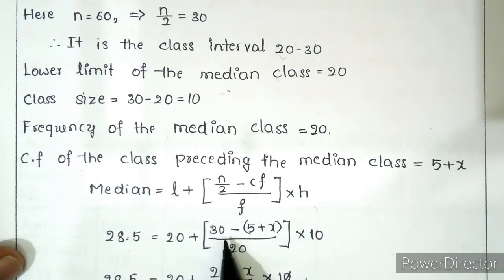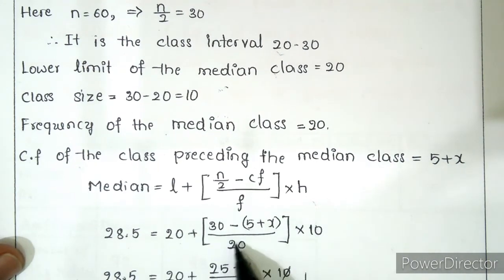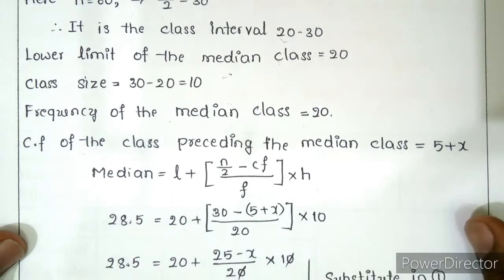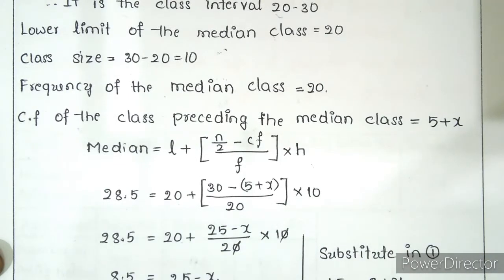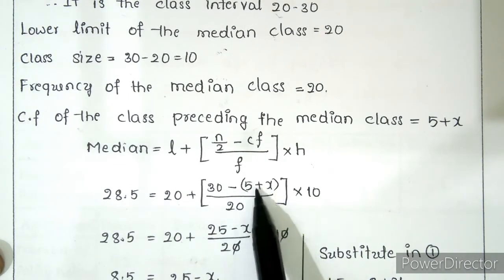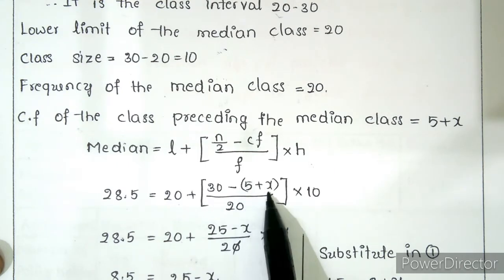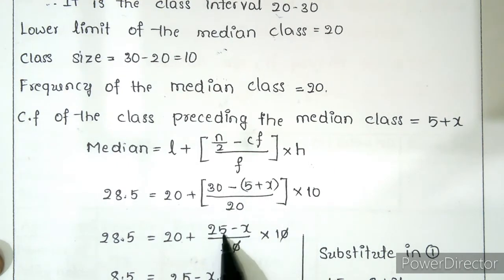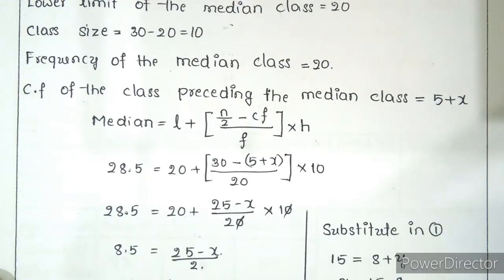The median they given is 28.5. So 20 plus, substitute, 30 minus 5 plus x, divided by 20, into 10. So 30 minus 5 minus x, when you take the minus inside, 30 minus 5 you get 25 minus x divided by 20, the 0s get cancelled.